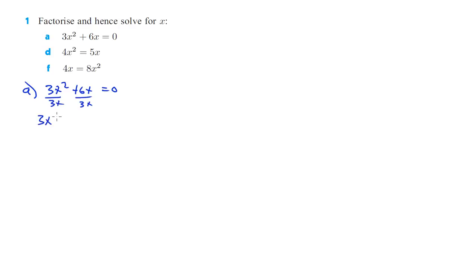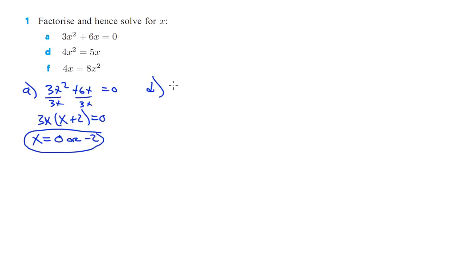So we get 3x times x plus 2 equals 0. And this is just like the ones we were just doing earlier. So you say, okay, 3 times what gives me 0? 0. Or what plus 2 gives us 0? Negative 2 plus 2 gives us 0. Okay, so those are going to be our two answers for A.